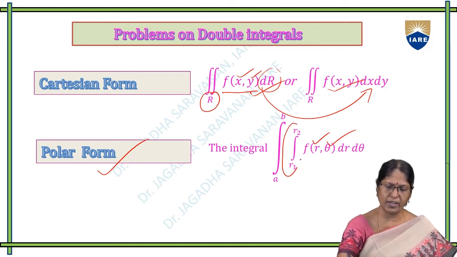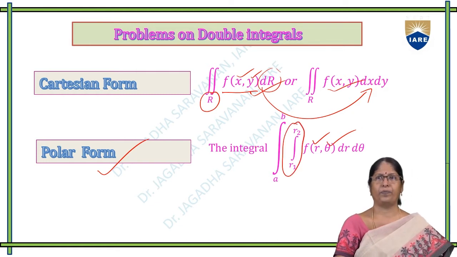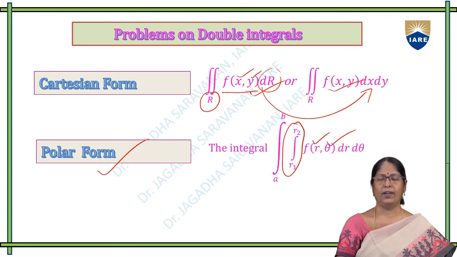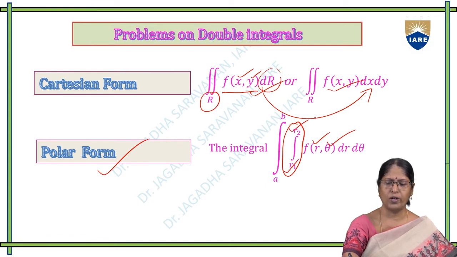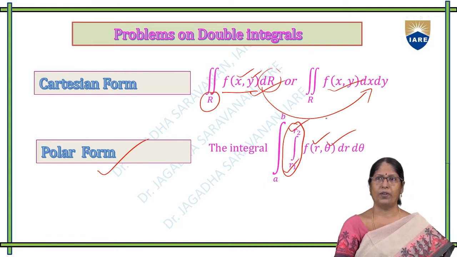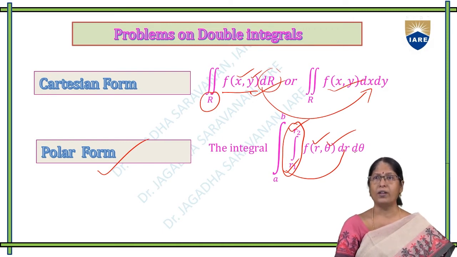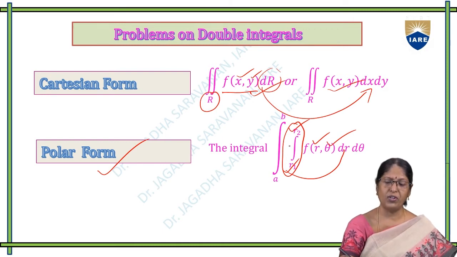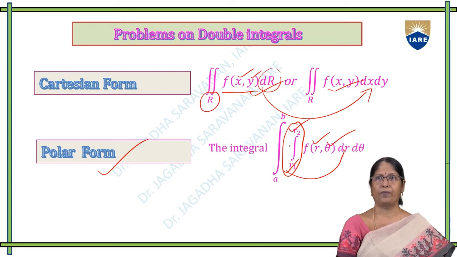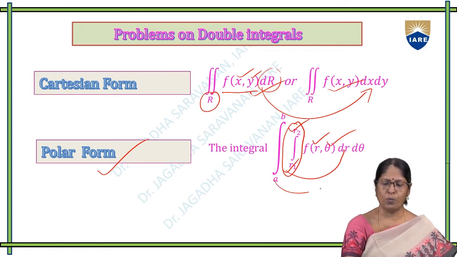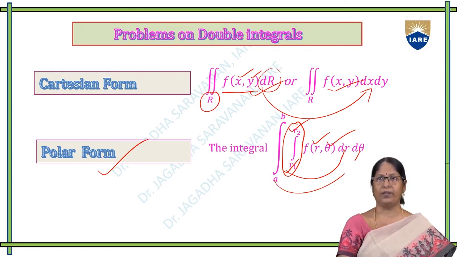The interior integration is defined for the radius r, from R1 to R2. That is the reason we have to do the integration with respect to r first for this interior integration. The outermost one is with respect to theta.